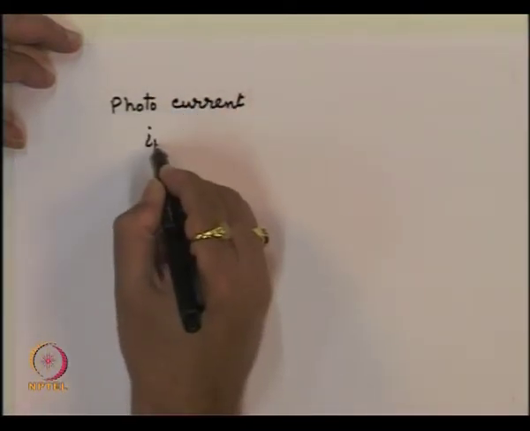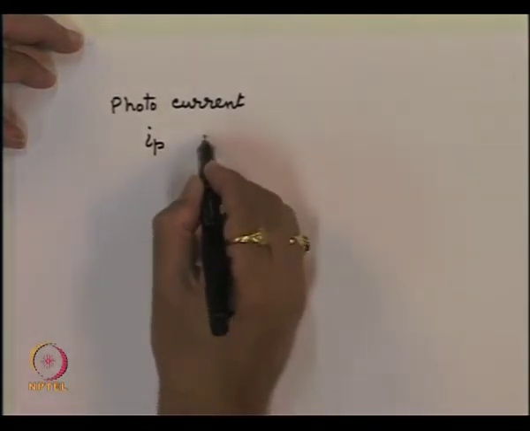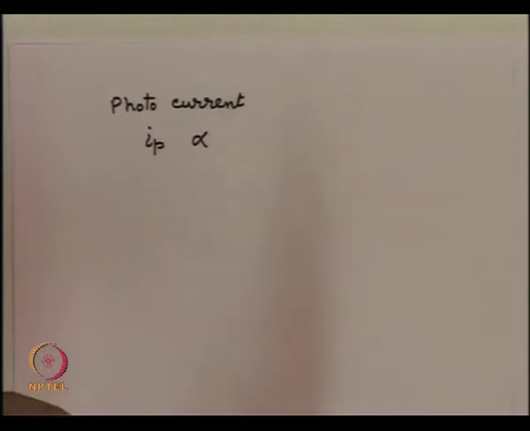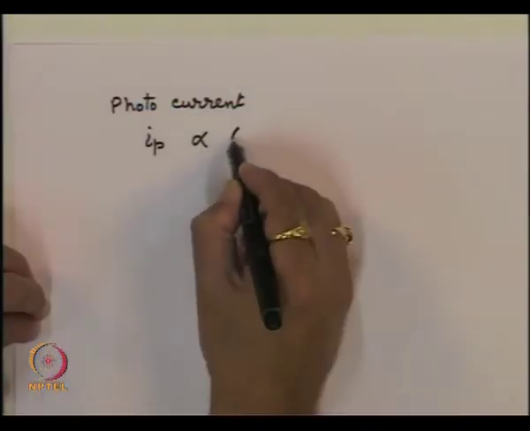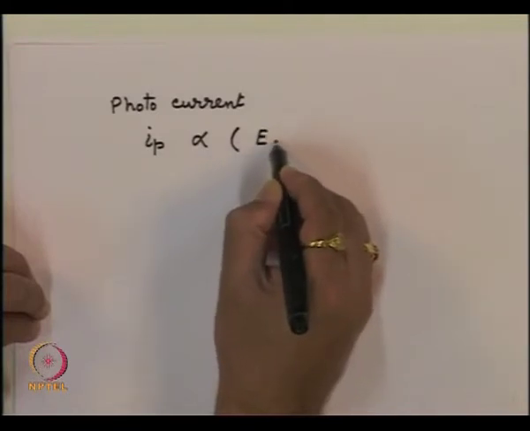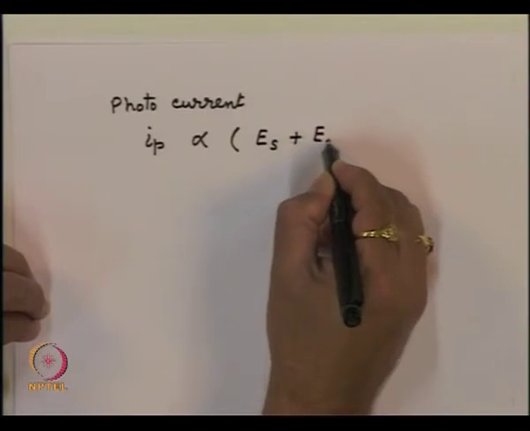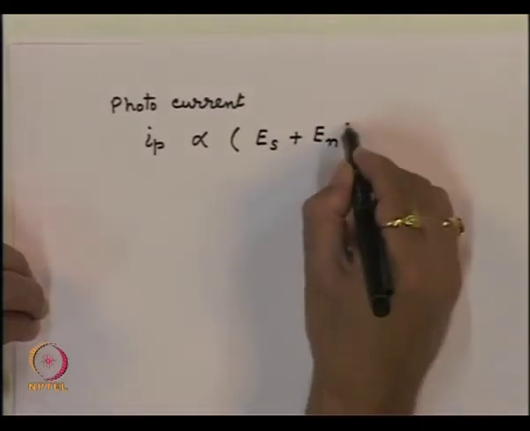Let us say this is IP. That will be proportional to the total power. But now, since we are combining the noise and the signal, essentially the fields of the signal and the noise will get added. So the photocurrent will be proportional to the signal electric field plus the noise electric field, which is because of ASE, and the square of this.